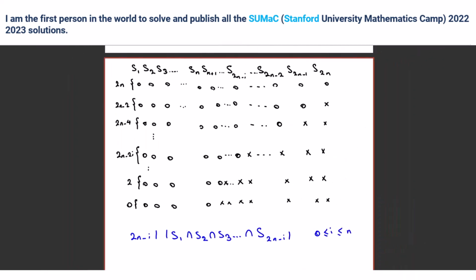I'm not sure how to prove this either. Okay, so let's try it together. Let's consider part by part. First, we consider the elements that are in all of them. So let's consider S1, S2 to S2n minus i.